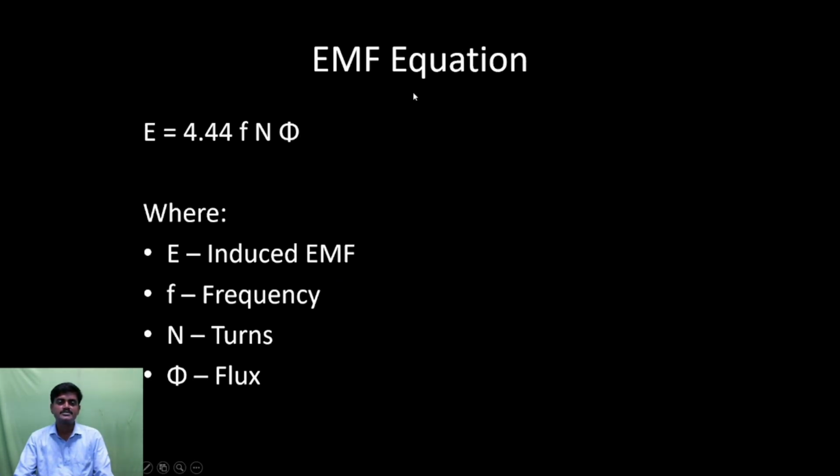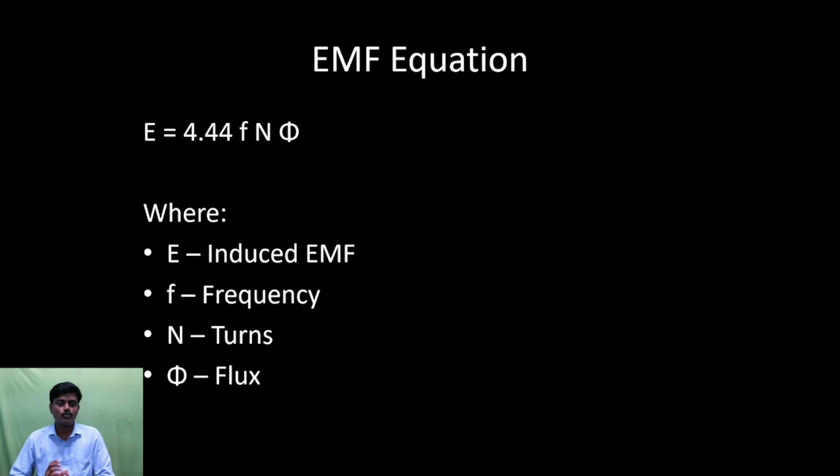Then here, this is the general EMF equation. If I am placing the coil in an AC circuit, this is the general EMF equation. Why do we need this EMF equation actually? Suppose I am using the coil in a supply or at the secondary, I have to get the voltage.